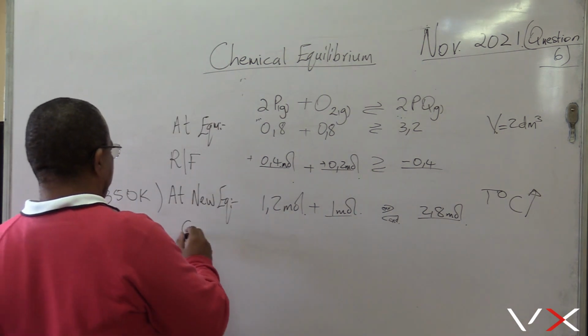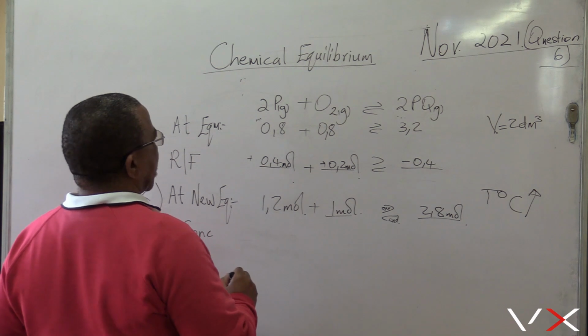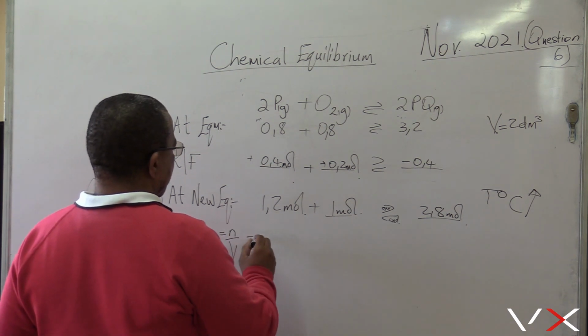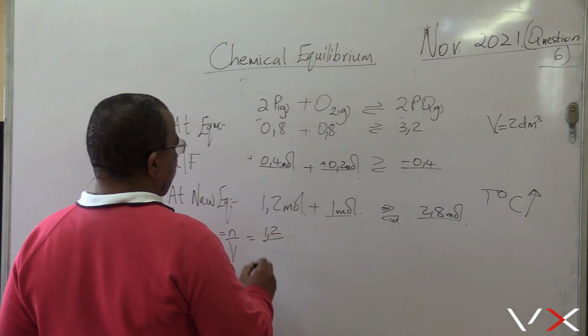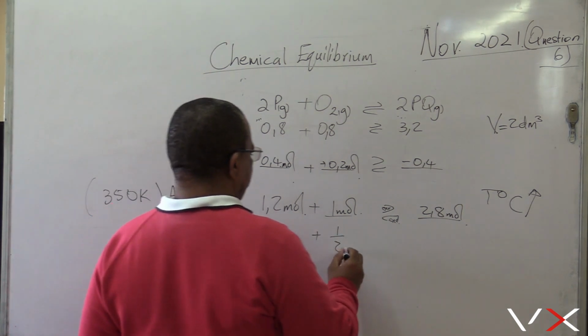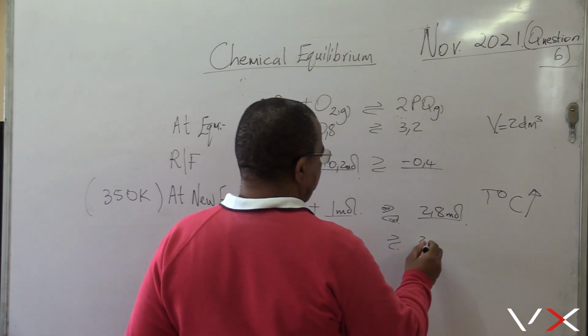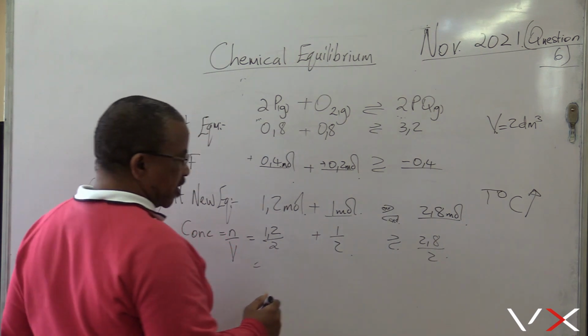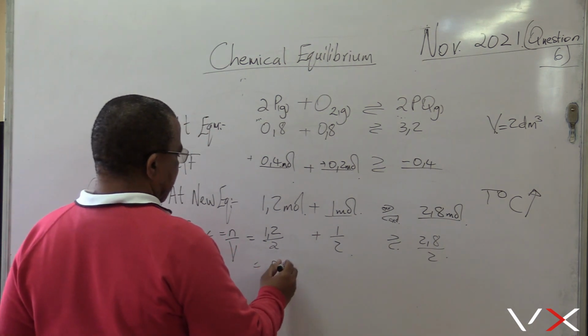Sesiya kwi concentration phela ngoba kumele si calculate uKc value. Concentration, number of moles over volume, which is 1.2 over a volume of 2. Lana it's 1 over 2. Lana we have 2.8 over 2. So what is 1.2 divided by 2? It is 0.6.